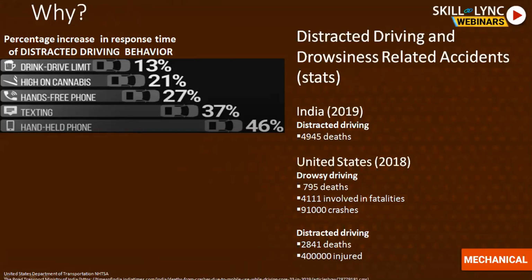But if you are under any of these influences, for example, if you drink over a certain limit, your response time is going to be 13% more than a normal driver. And as you can see, handheld phone usage is the highest, showing a 46% increase in the driver's response to anything that happens in a vehicle.